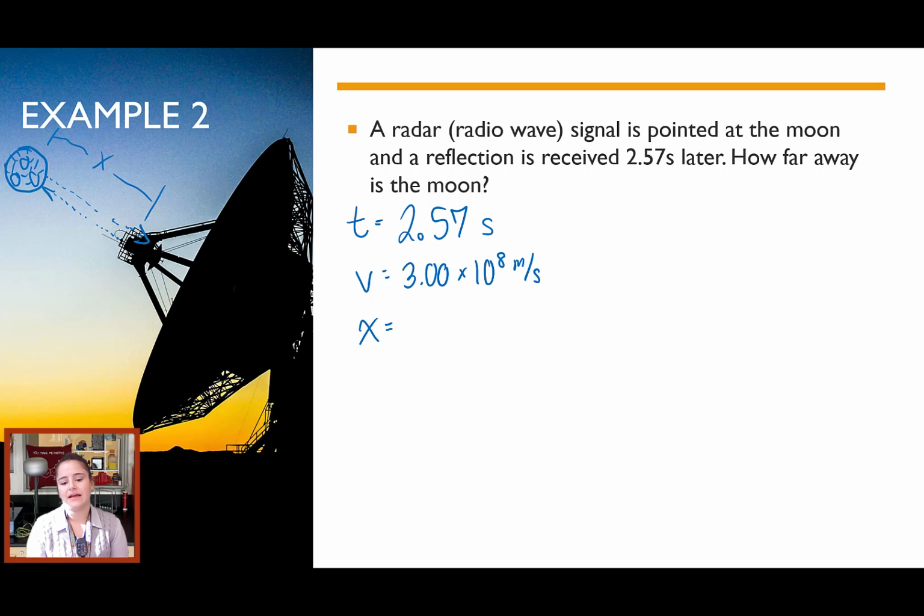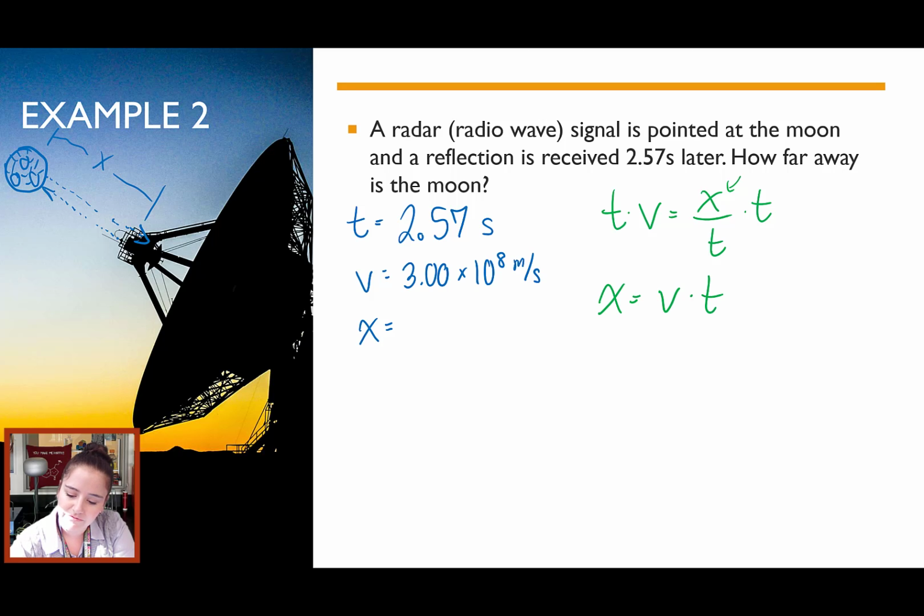This time I have v, x, and t, not wavelength and frequency. So I'm going to use velocity is distance over time. If I'm solving for distance, I will multiply both sides by time to get that distance equals velocity times time. I have seconds and seconds, so my units look good.